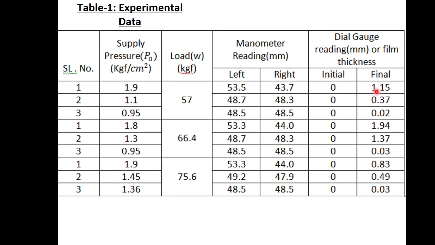This is 0. So initially, when the bypass valve was closed, this was the reading, in millimeters. Then this is 0.37, and finally it is almost 0. So everywhere this final one is almost 0. So this is what we do.